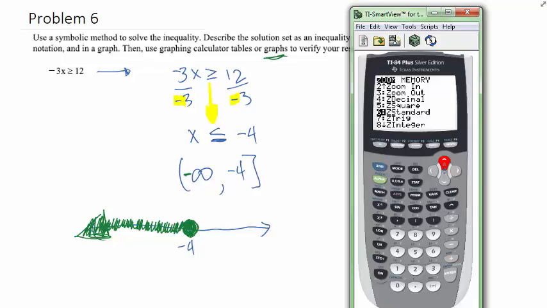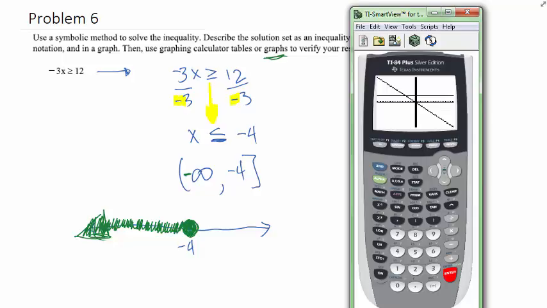That's not going to make it fit, so I'm going to keep going down, and here's zoom fit. I will click enter on that, and that's going to draw the graph that would try to fit the graph as best as possible.